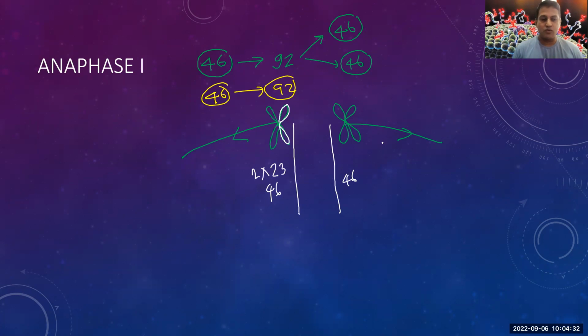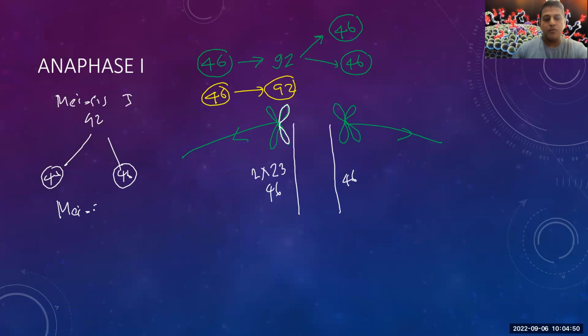At the end of meiosis 1, let's say, I draw like this. Start of meiosis 1, 92, 46, 46. And after that, it is starting the next stage, meiosis 2. So in meiosis 2, this cell becomes 23, 23, and this one 23, 23.